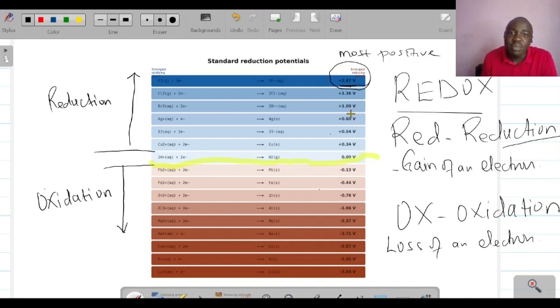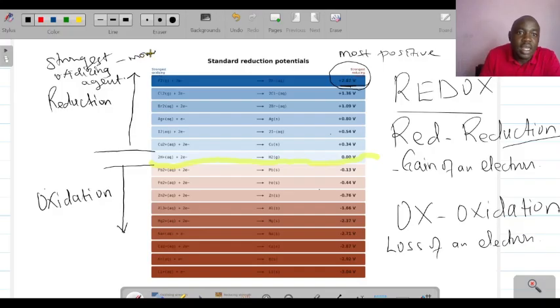Therefore, this makes fluorine the strongest oxidizing agent. So we are going to have this one as our strongest oxidizing agent. So we are saying the more positive the standard electrode potential is, the stronger the oxidizing agent.